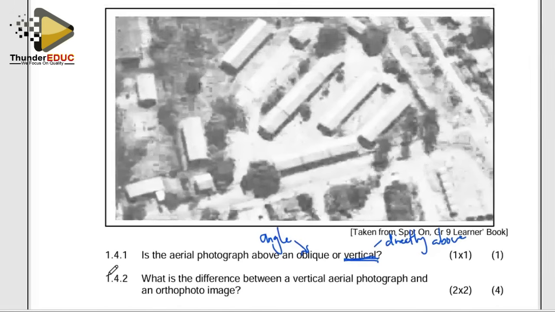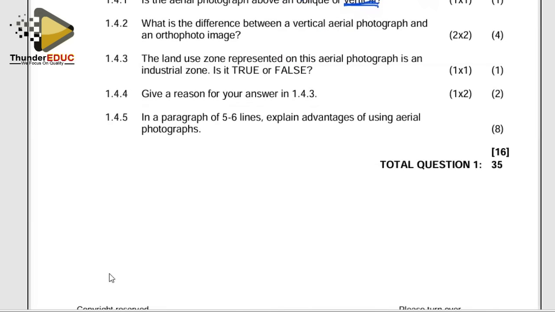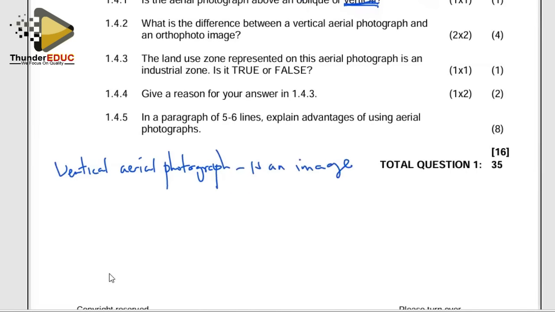Right. The difference that we have here: the vertical aerial photograph, let me explain this in simple terms, is an image of an area taken from above.